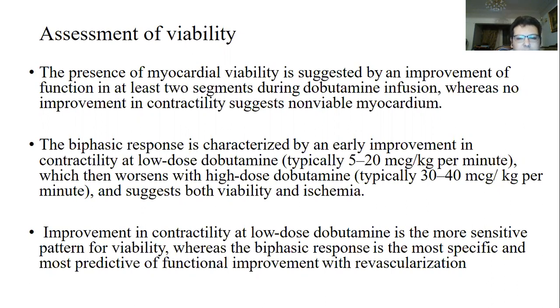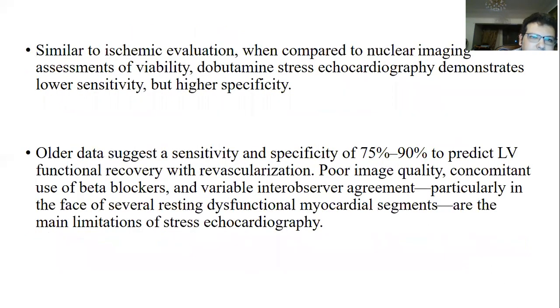Improvement in contractility at low dose dobutamine is the more sensitive pattern for viability, whereas the biphasic response is the most specific and the most predictive of functional improvement with revascularization. Similar to ischemic evaluation, when compared to nuclear imaging assessment of viability, the dobutamine stress echo demonstrates lower sensitivity but higher specificity.